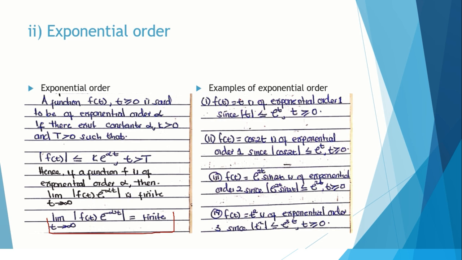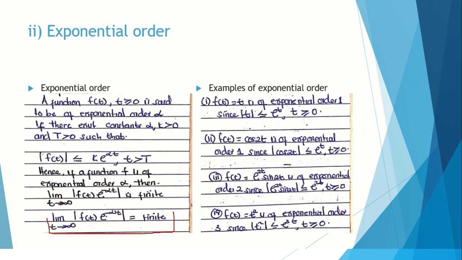When we put it in our limit as t tends to infinity, t times e to the power minus alpha t has to give us a finite value.